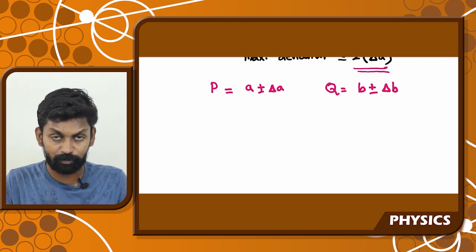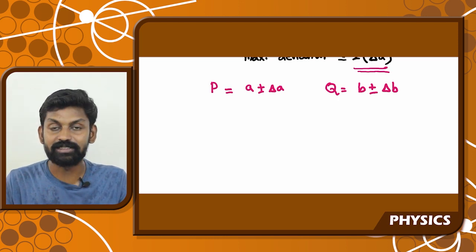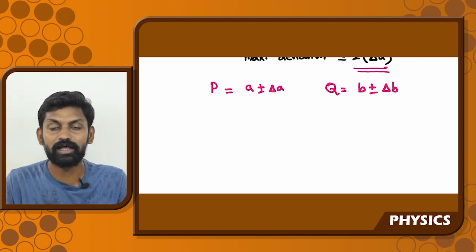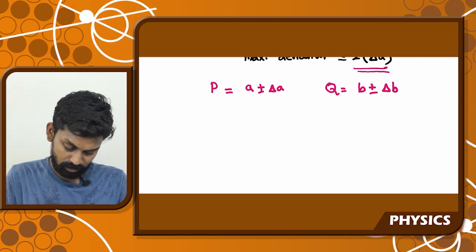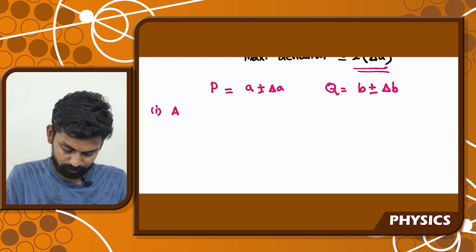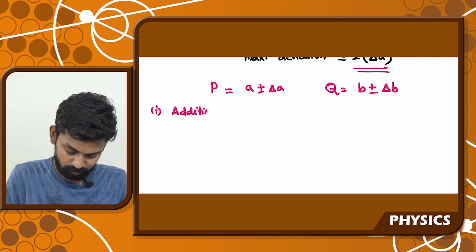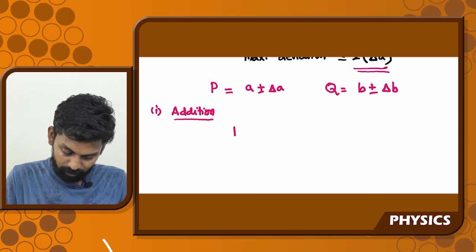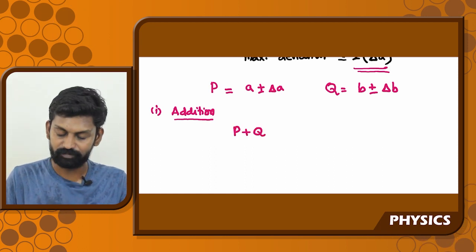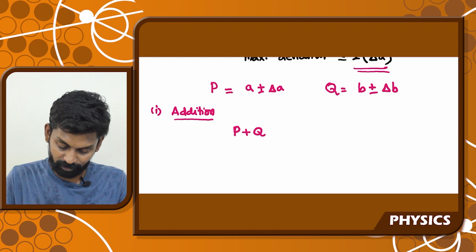Delta A is the maximum possible error in P and delta B is the maximum possible error in Q. This is P and Q. Now, first let us take up addition. So, you are going to find P plus Q.